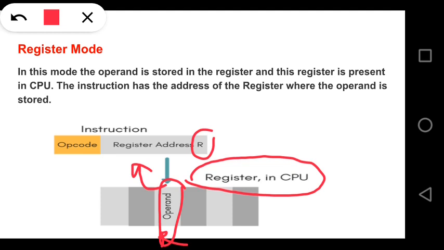It may take a little more execution time when compared to immediate addressing mode, because in immediate addressing mode the operand 7 is readily available within the instruction itself, whereas in this case the instruction contains the name or address of the register, so it is required to go and fetch the value stored in the register.